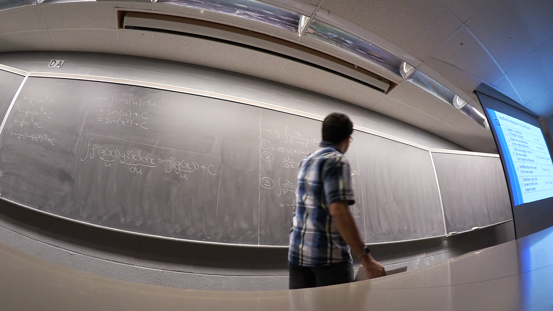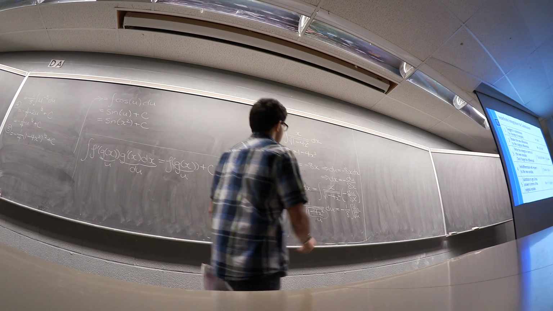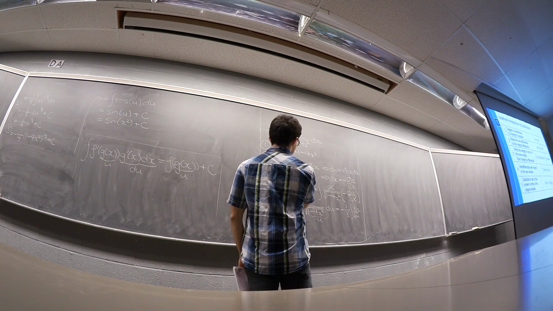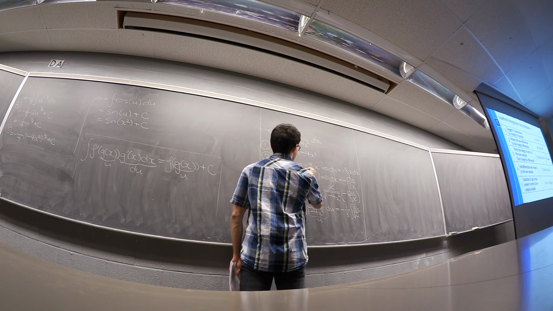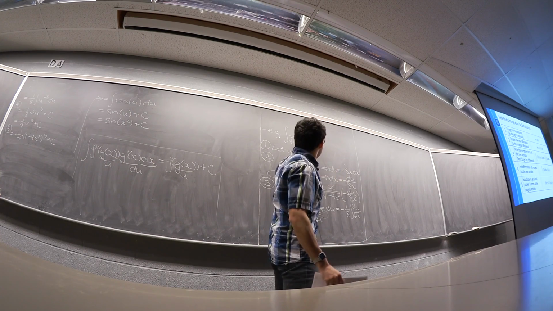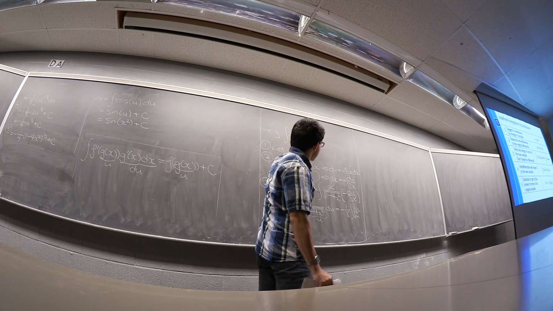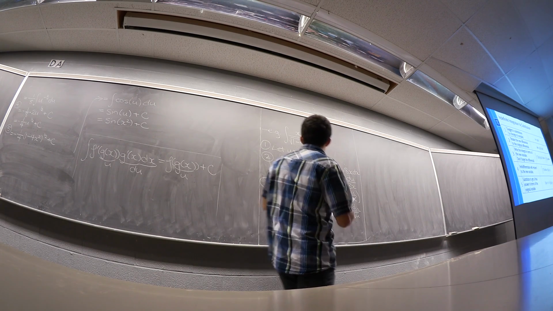Another way to do this, instead of doing this weird business here: instead of doing it like this and plugging this in here, you could have recognized that x dx is in here, and so x dx is equal to minus 1/8 of du.